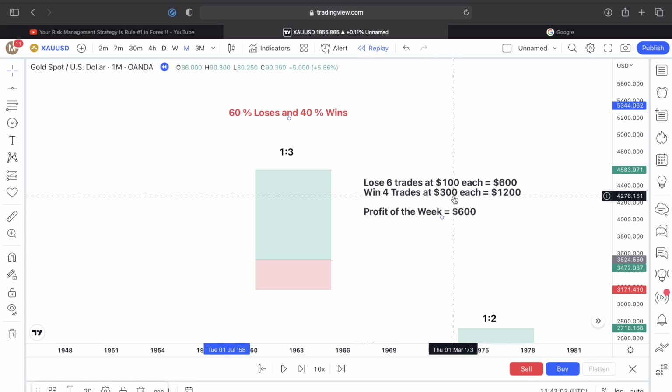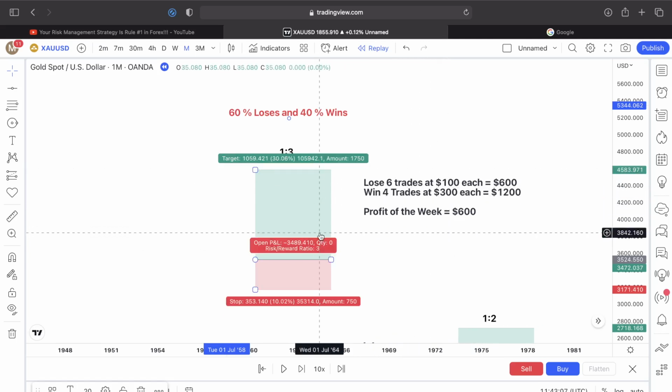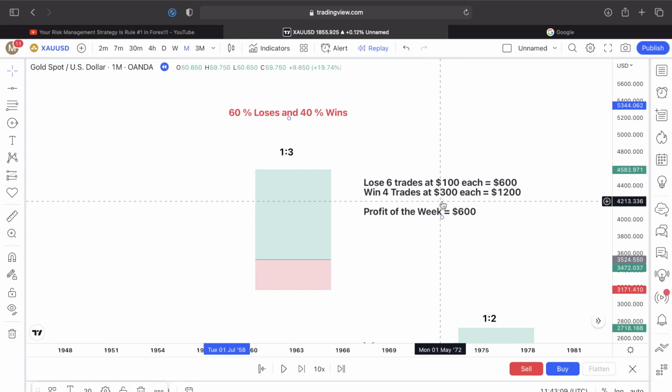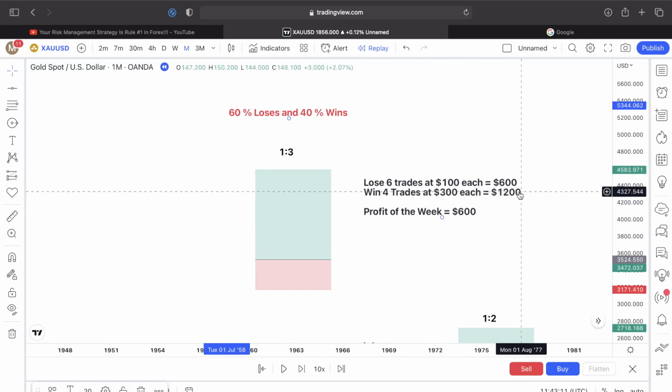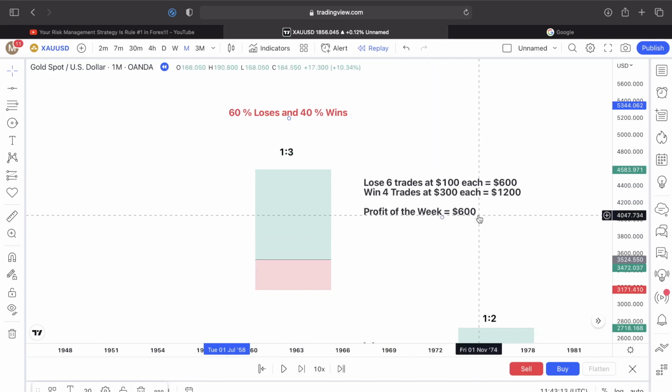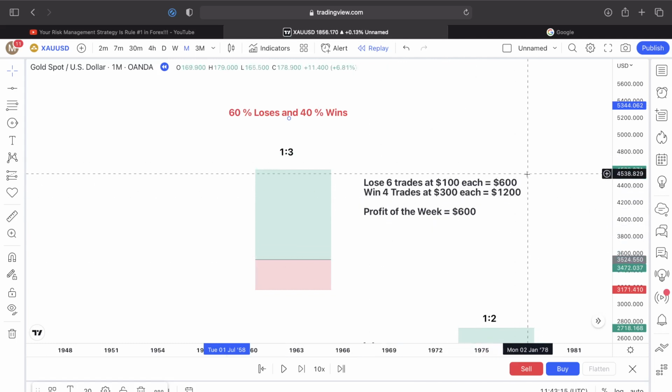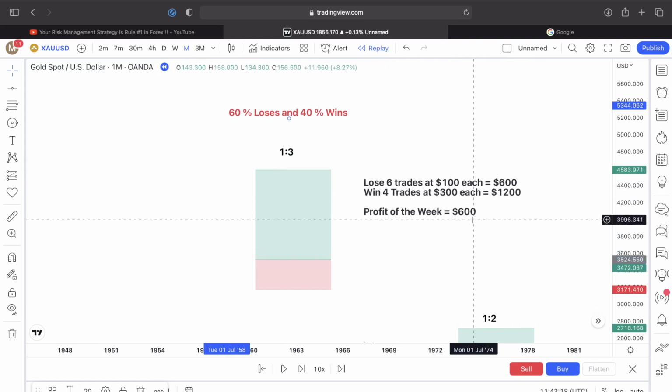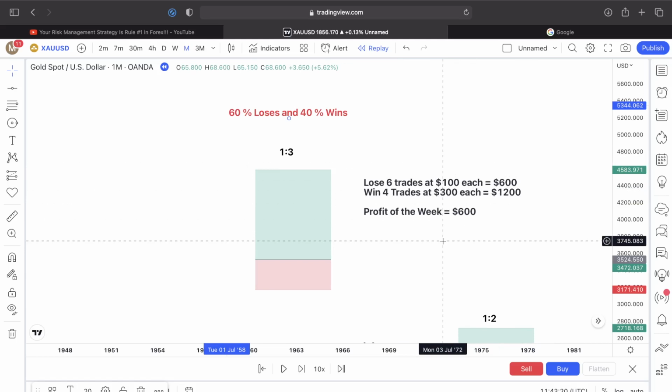Out of 300, you made 3%, which is $300. Equals 4 trades, is $1,200, and then you do your calculations, and the weekly profit for the week will be $600.